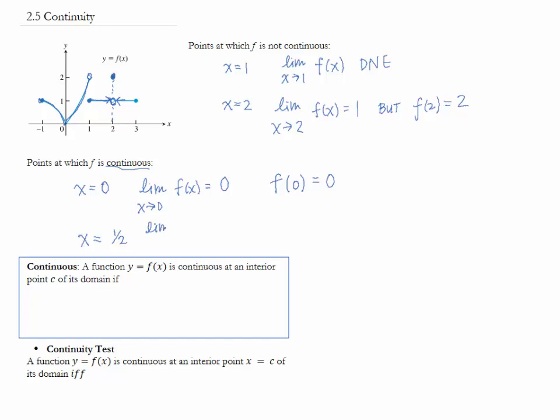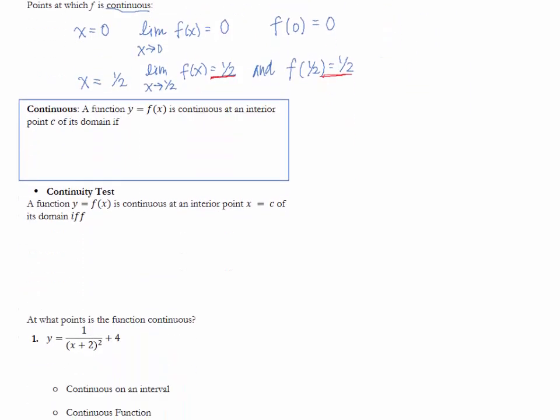The limit as x approaches 1/2 appears to be about 1/2, and in fact the value of the function at 1/2 is also 1/2. The function goes to that point. So the value equals the limit, and the function is continuous at 0, at 1/2, at any point between 0 and 1.